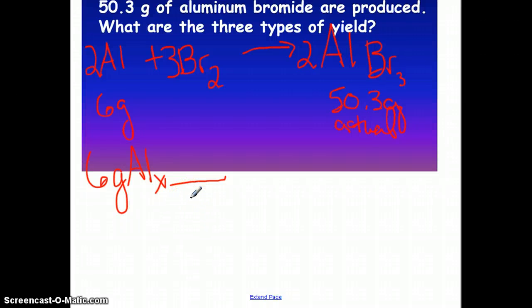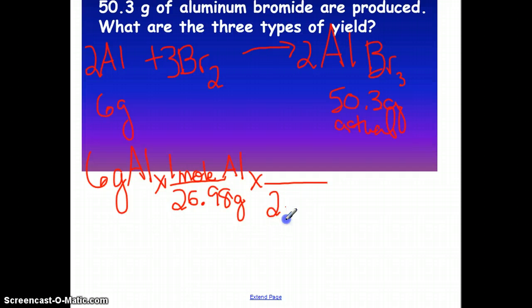The molar mass of aluminum goes on bottom, 26.98, and that's 1 mole of aluminum. Now we're going to use mole ratios from the balanced equation.